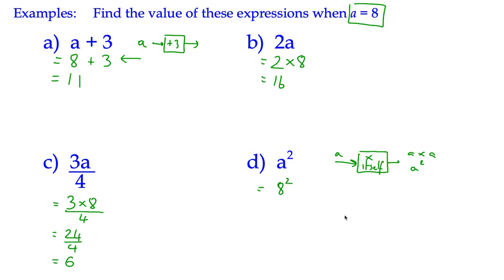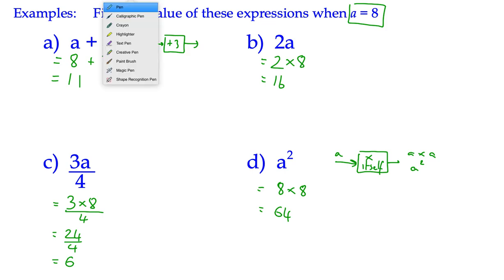Now you can either just write this symbol in there if you are happy with that, or what you could do is just go for the full 8 multiplied by 8. Either way, the answer is 64. Okay, so there's effectively at least 3 lines of work in your simplifying.